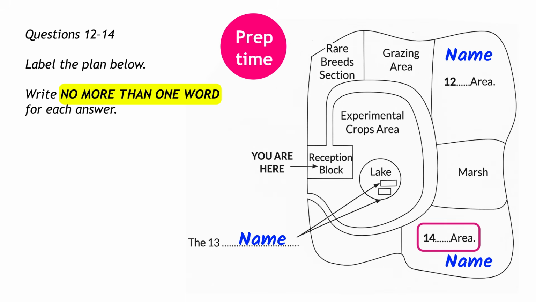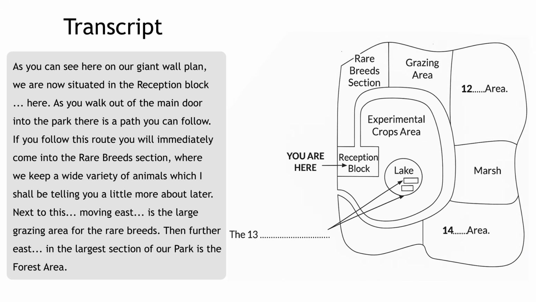All right, what we are going to do here is we take a look at the transcript and we see what words or phrases are used that can help us answer the questions. We'll start with question 12 first. We know that we have to write the name of the area here. So this is the transcript.